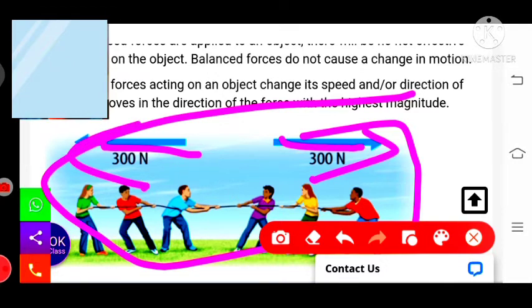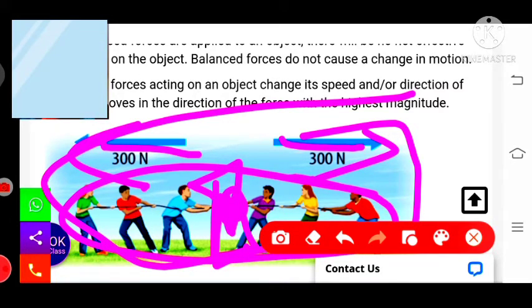So the force applied is the same in both directions. So the rope, the center of this area, or the whole rope will not change its state or its velocity or anything else.